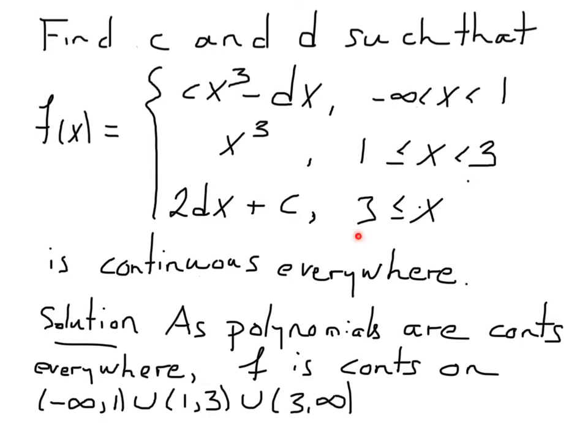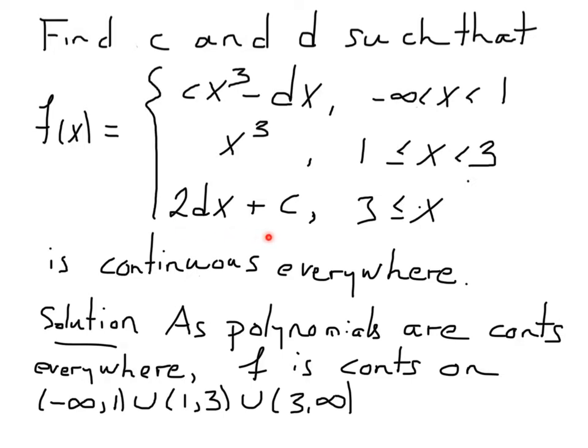And remember, if x is bigger than 3, x may as well be a very far way from 3 when it comes to talking about continuity. And so for x bigger than 3, f of x equal to 2dx plus c is going to be continuous at such an x. On the interval 3 to infinity, this function is going to look like 2dx plus c.